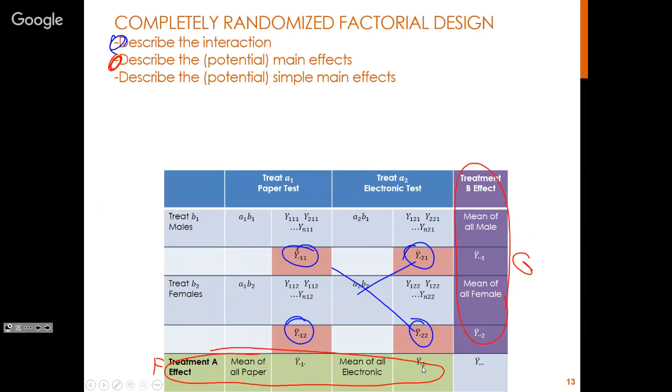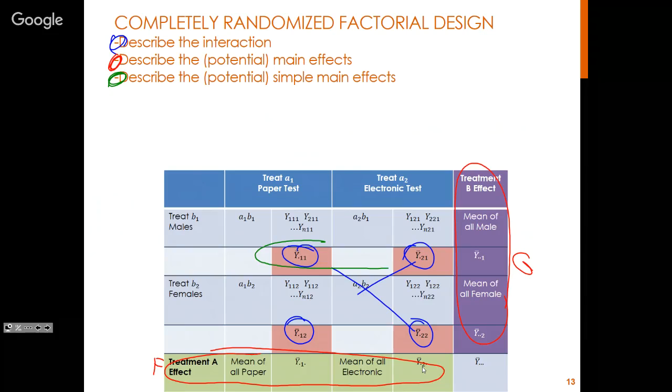And then what would the simple main effects be? The simple main is like the males 1 and 2. Good.